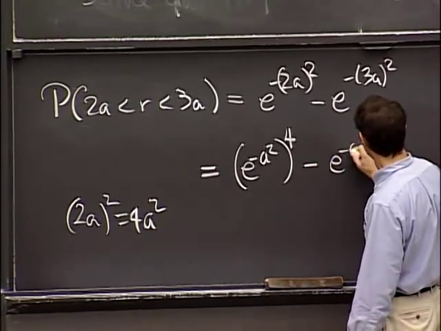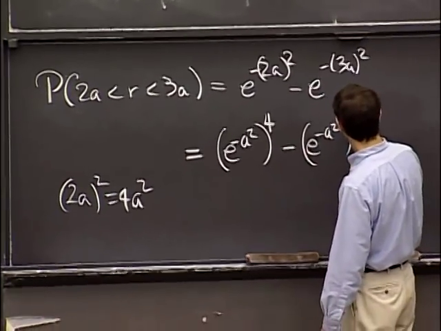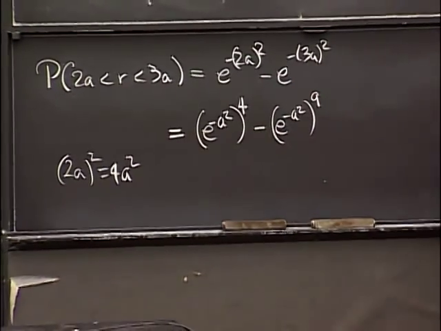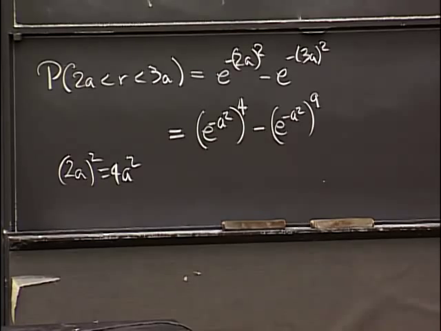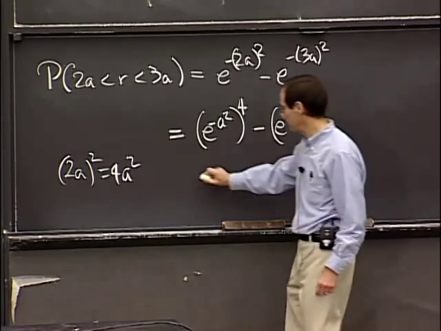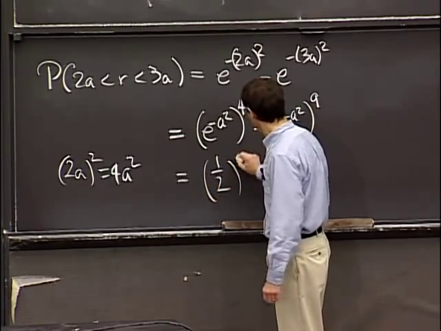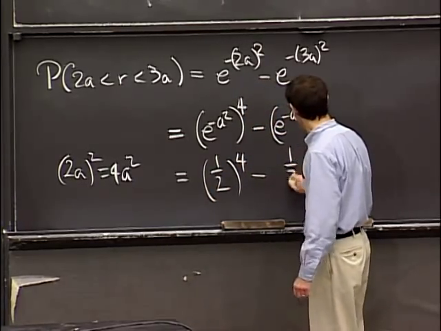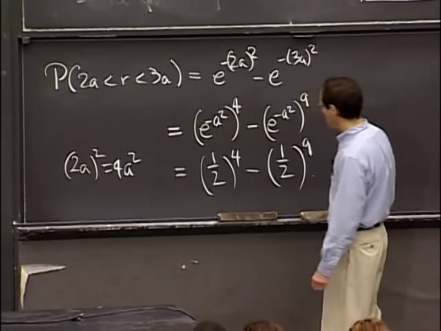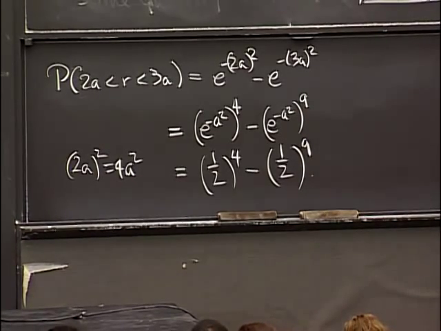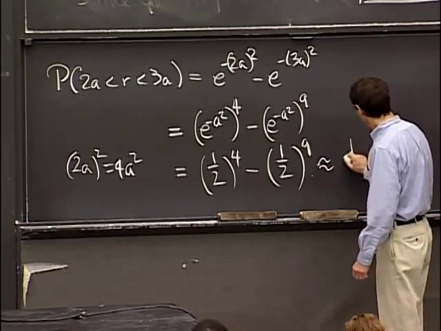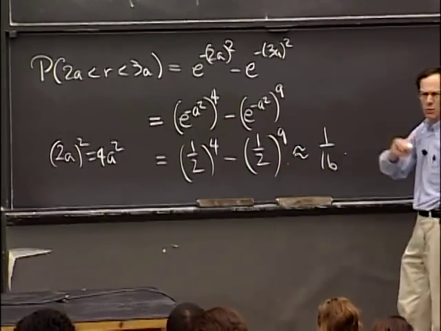Minus e to the minus a squared to the 9th power, that's 3 squared. So this comes out to be a half to the 4th power minus a half to the 9th power, which is approximately 1/16.